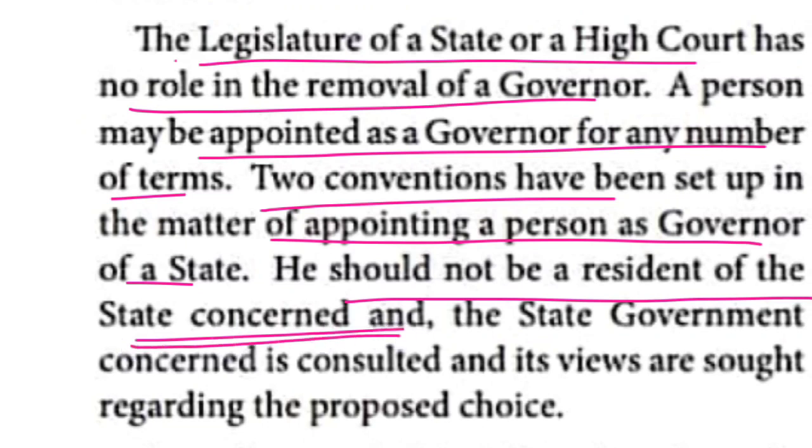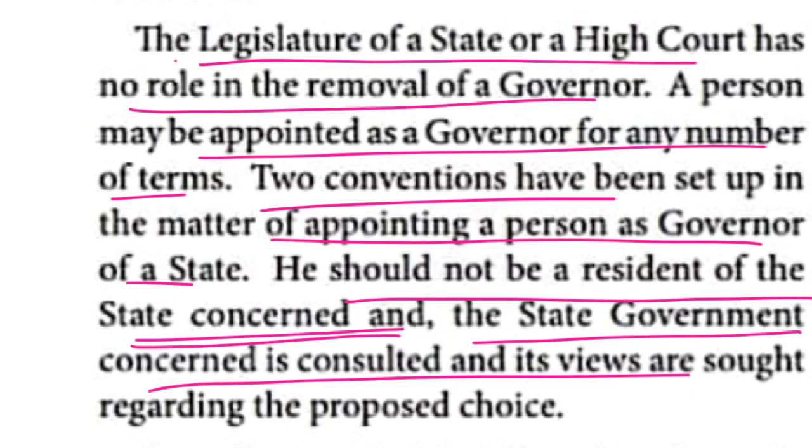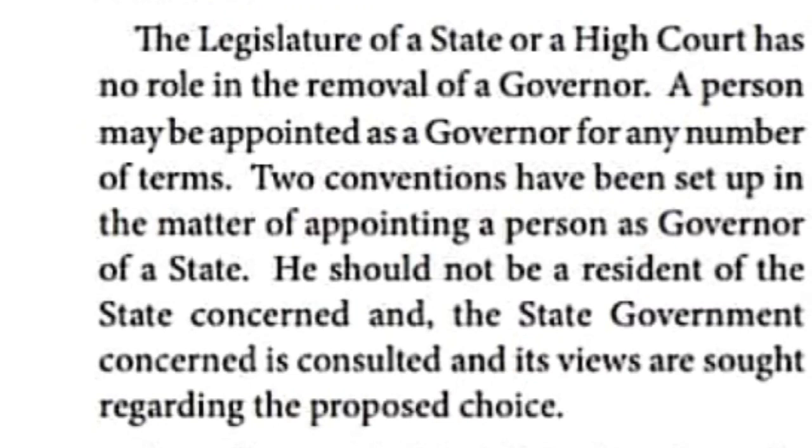The next point concerns the state government concerned. Before the president appoints the governor, the central government has to consult with the state government. Afterwards only they have to suggest the name of the governor. So the 2 points are there, 2 conventions they are following while appointing the governor.